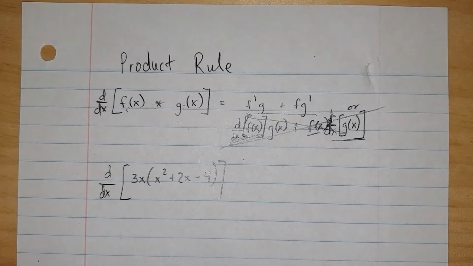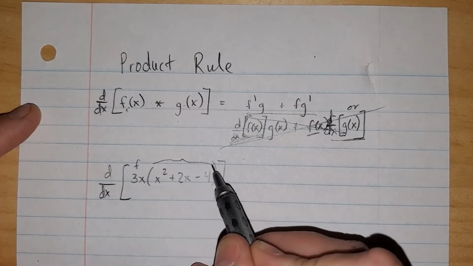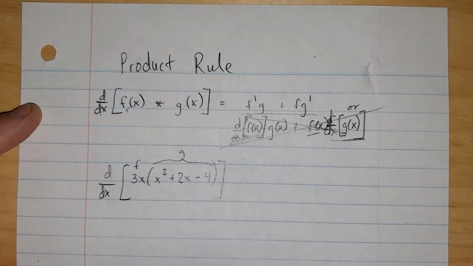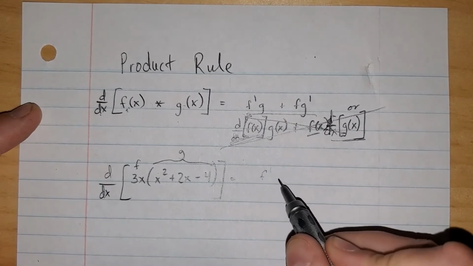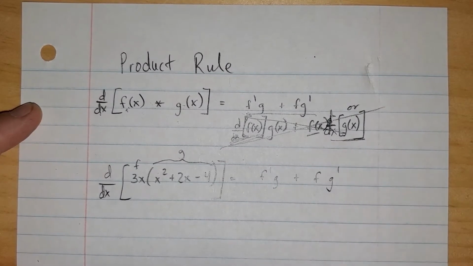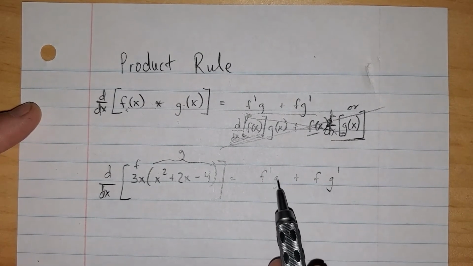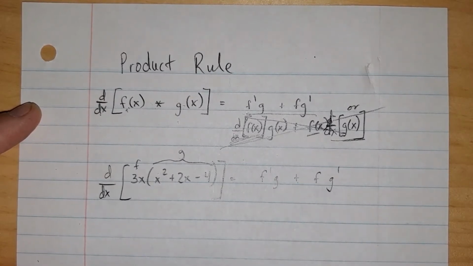Now, with the product rule, the way we would do this is this would be f, and this would be g. And our derivative will be f prime g plus f g prime. So the derivative of the first times the second plus the first times the derivative of the second.